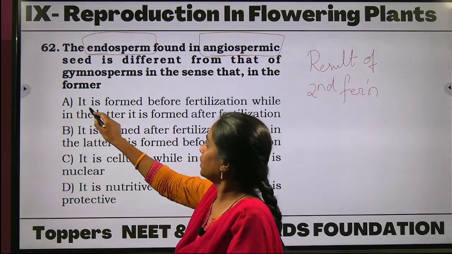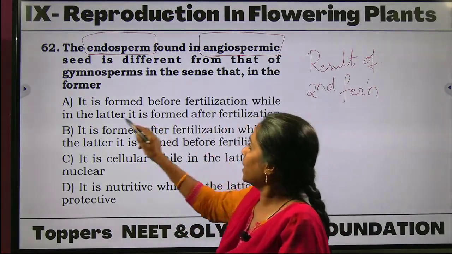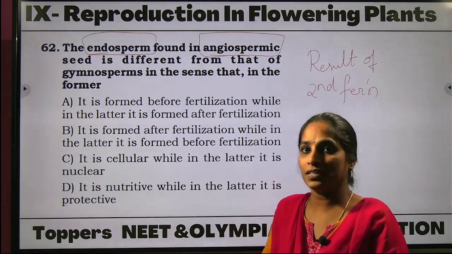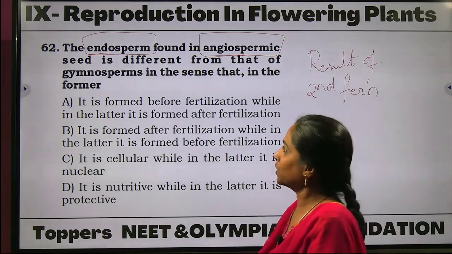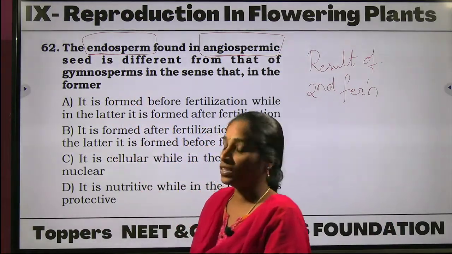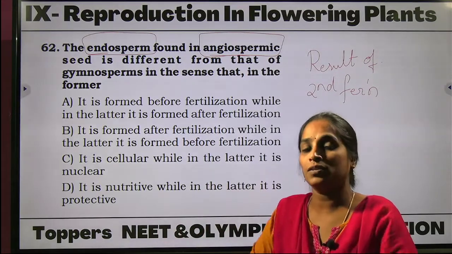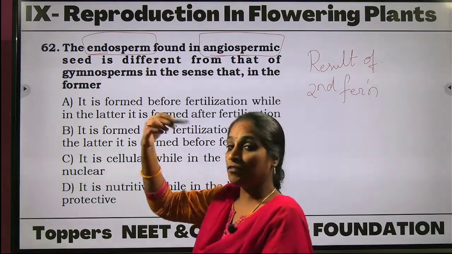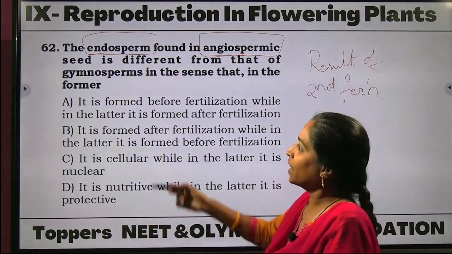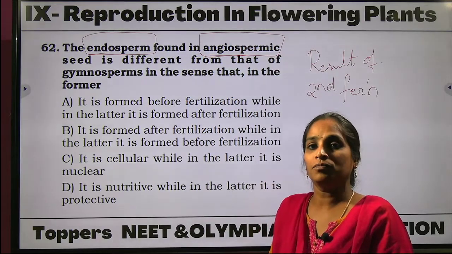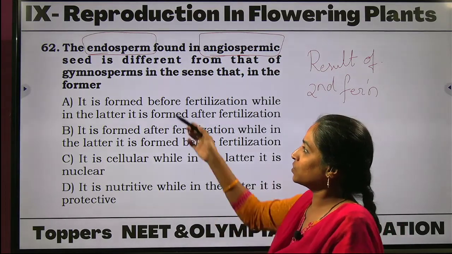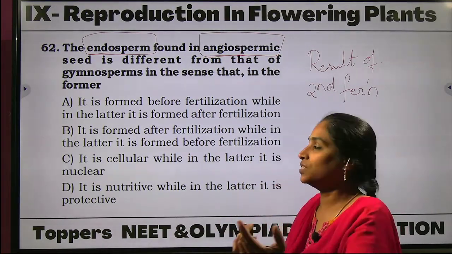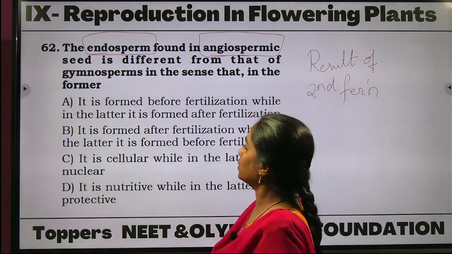What is option A? It is formed before fertilization, while in the latter it is formed after fertilization. Does endosperm form after fertilization or before? Endosperm forms after the second fertilization. Gymnosperms are characterized by the presence of seeds exposed outside, not enclosed in a fruit.